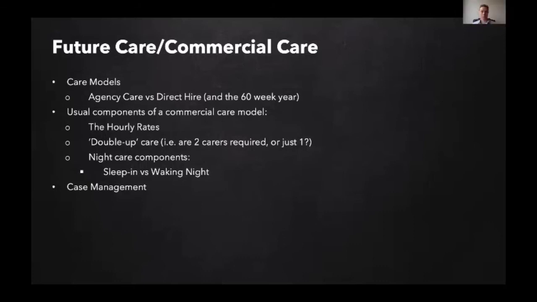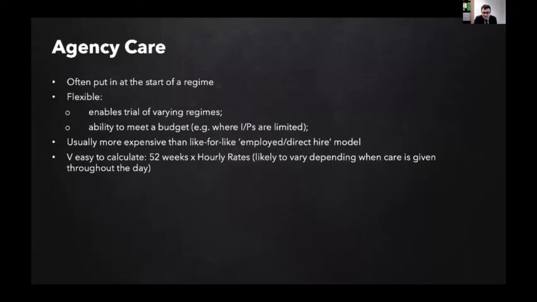The starting point for calculating future commercial care depends really on which care model you're going to be using for a given phase. Ben, could you tell us about an agency care model, please? Yeah, absolutely. An agency care model is, you'll all be pleased to know, the most straightforward of the commercial care models.